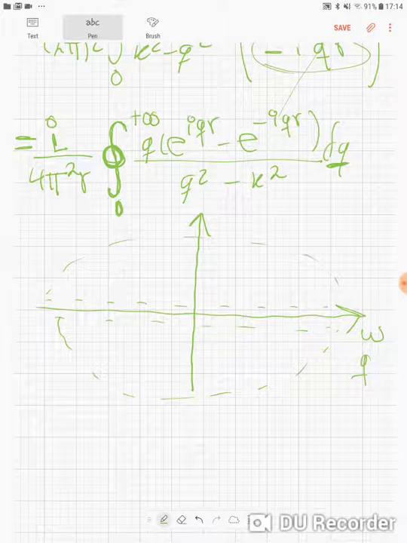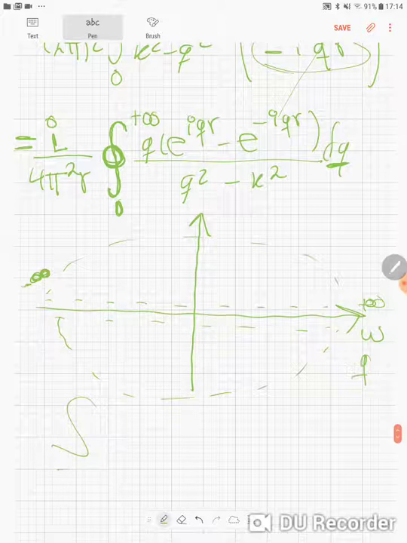What we need to do is take the diameter of this semicircle to minus infinity. This is what we want to do. So this integral should be evaluated from minus infinity to plus infinity over some semicircle. This is what I'm trying to do now.